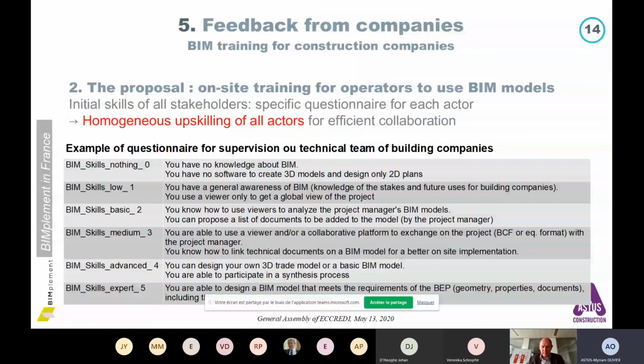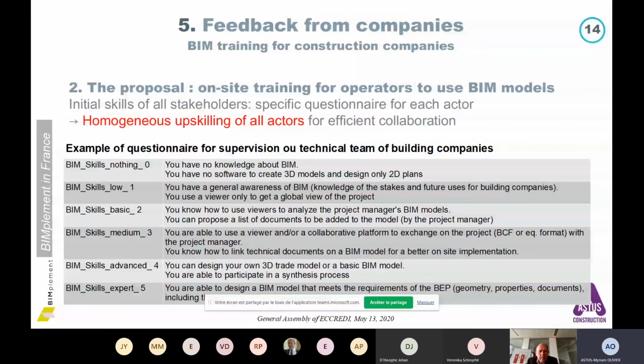So we created a skill level assessment tool, mainly for the trainer, but it can also be a self-assessment tool that indicates for each stakeholder, so as I said, not only building companies, but also clients, BIM managers, BIM project managers, what is their level in terms of BIM skills, ranging from 0 to 5.